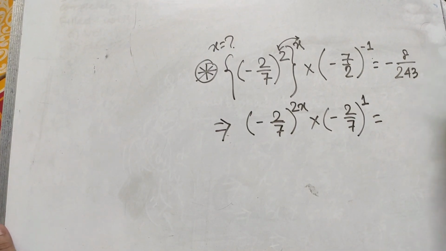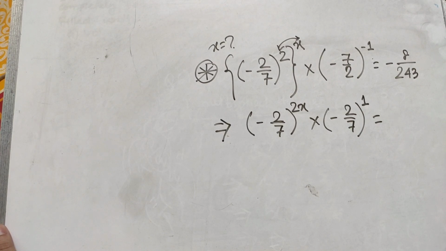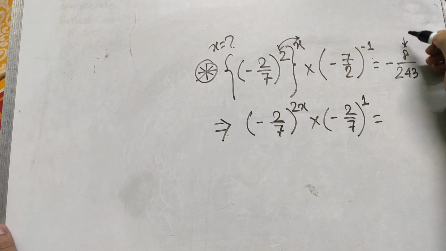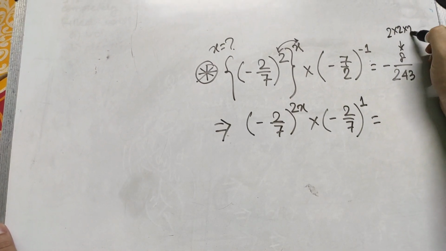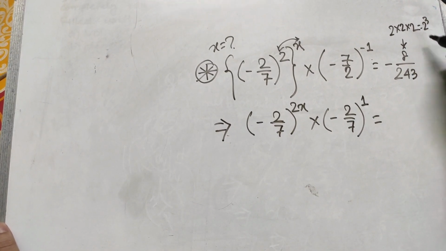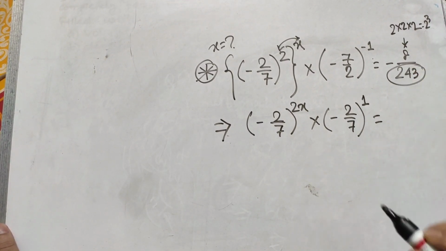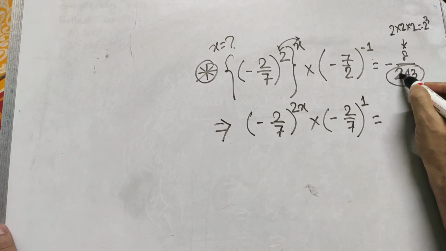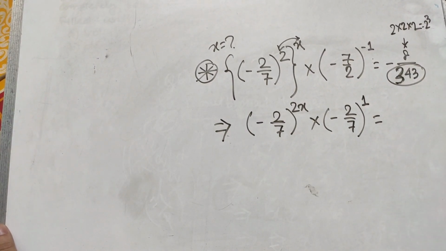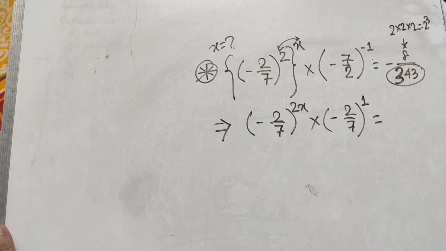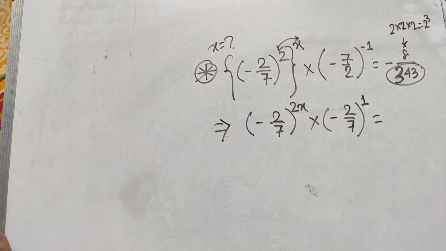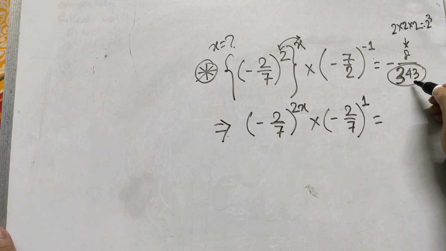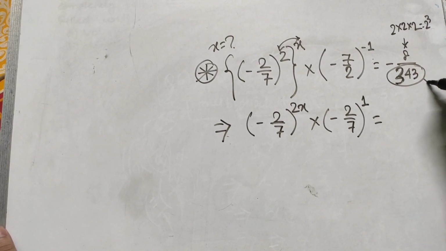Now 8 by 343. As you can see, 8 is a multiple of 2, like 2 into 2 into 2. 8 can be written as 2 into 2 into 2, that means 2's cube. And 343, oh sorry, it should be 343, extremely sorry for this. 343 is a multiple of 7, which is 7 into 7 into 7.